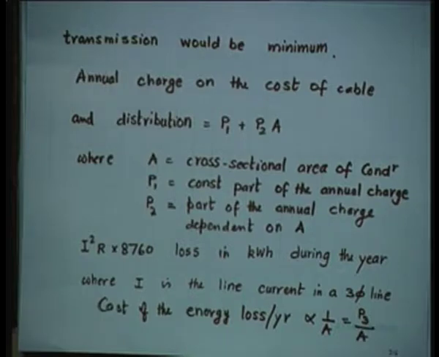And what is P2? The part of the annual charge dependent on A. What is the loss in kilowatt hour during the year? I squared R into 8760. 8760 is the number of hours in a year.